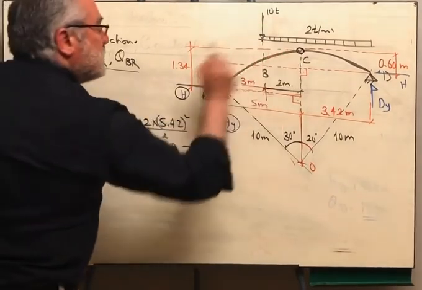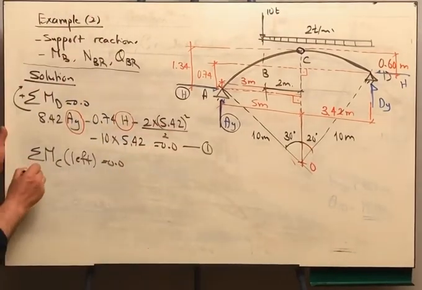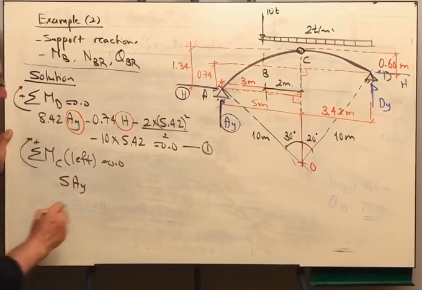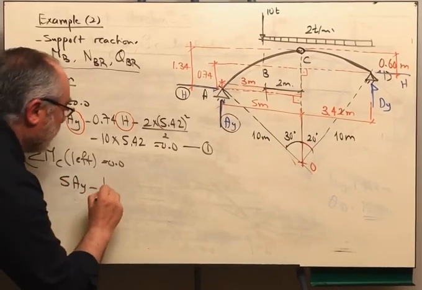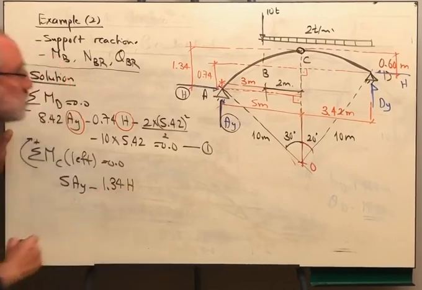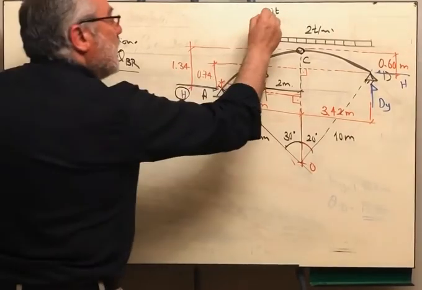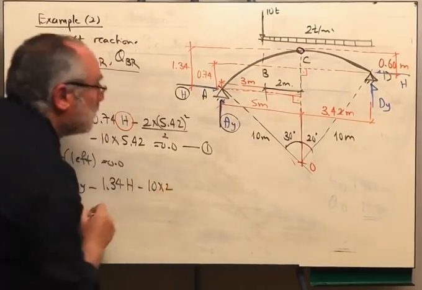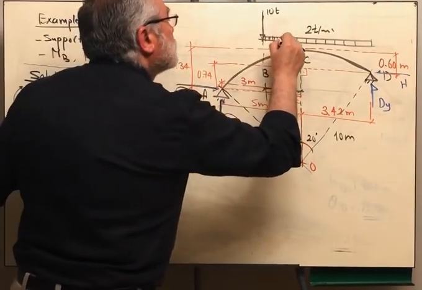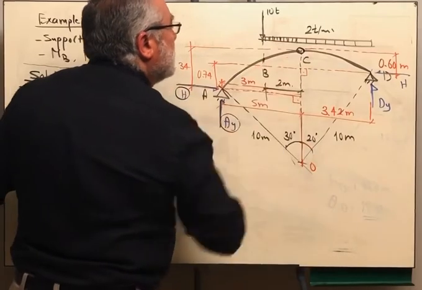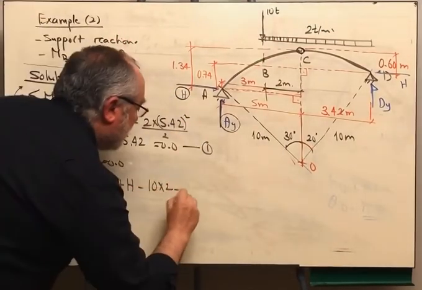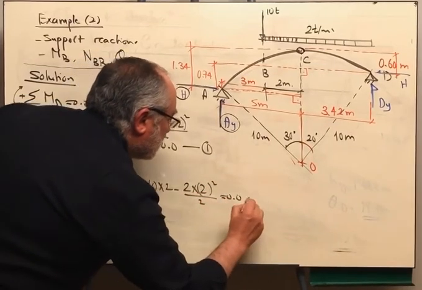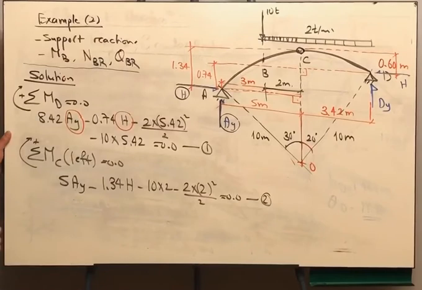So when you take moments there, this is the positive direction, then I will have 5 EY minus 1.34 H, and then I will have to include the 10 tons times its distance, minus 10 by 2, and I will include the portion of the load between point B and C, which is minus 2 by 2 squared over 2, is equal to 0. So this is the second equation.